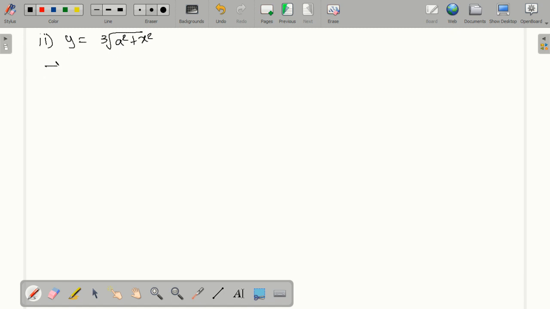Let's rewrite this. So y is equals to a square plus x square raised to 1 upon 3. Remember, in the previous sum, we substituted square root of x as x raised to half. So cube root of anything will be written as a square plus x square raised to 1 by 3.